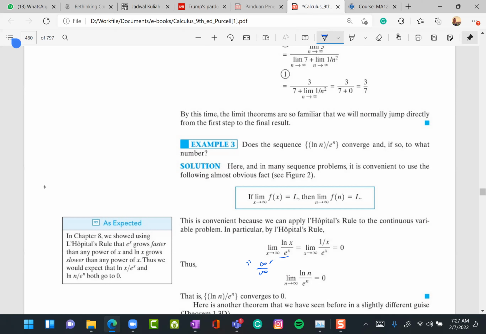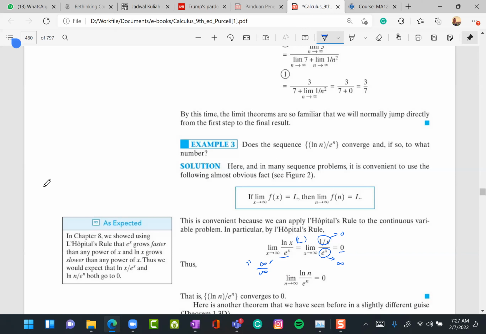So what about the limit as x is large? 1 over x is going to be 0, and e to the x is going to be large. Small over large is small, it gives you 0. So by L'Hopital, you get this limit.